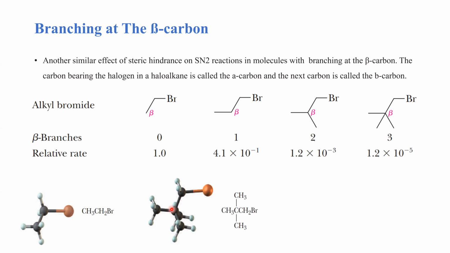So that was for today, and I hope you get the idea of how the structure of the haloalkane, and especially the alkyl part of the haloalkane, influences the SN1 and SN2 mechanisms. Have a look at the further chapter examples, and if you have any questions, don't hesitate to ask. Thank you. Have a good day.